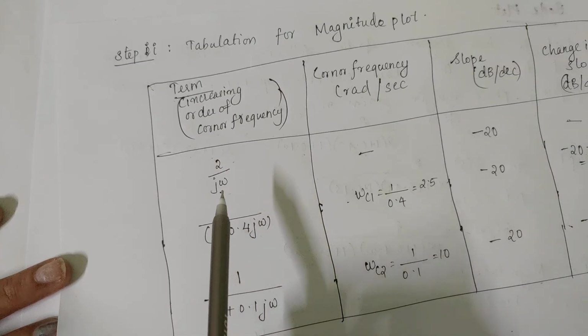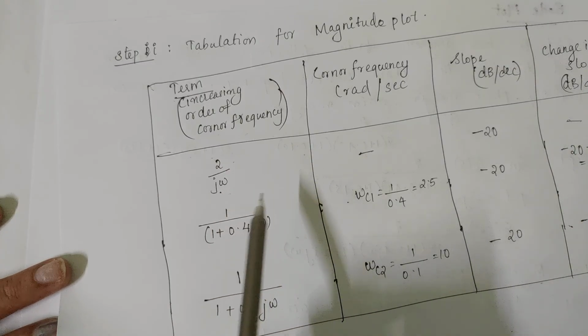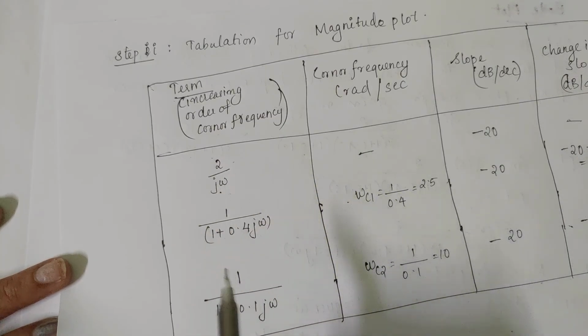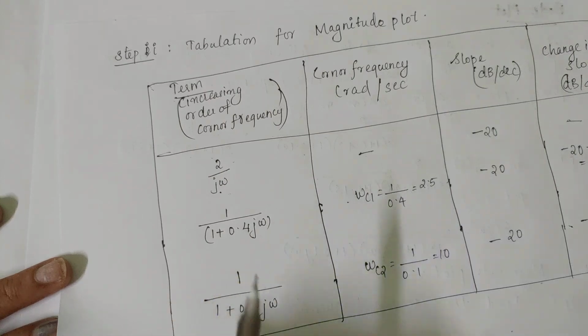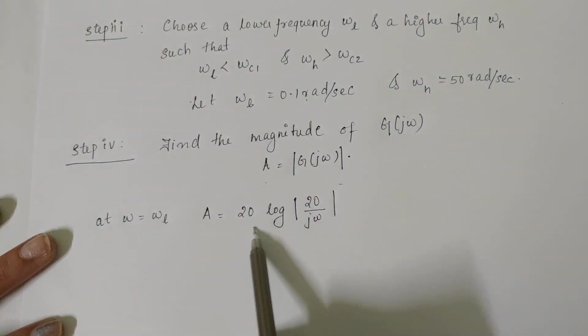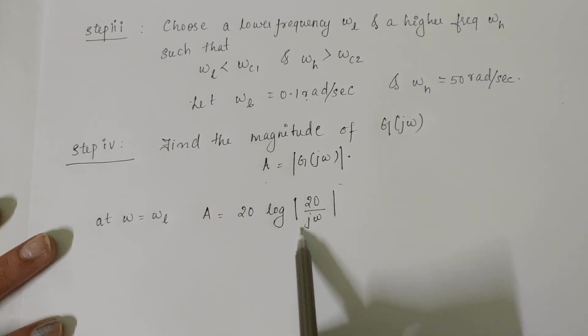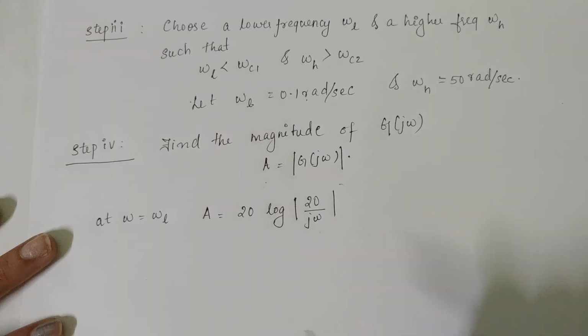If it is k j omega, then take the first term as k j omega and use 20 log k j omega. So, always take the first term as 20 log mod of 20 by j omega.